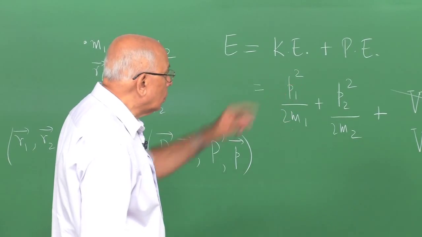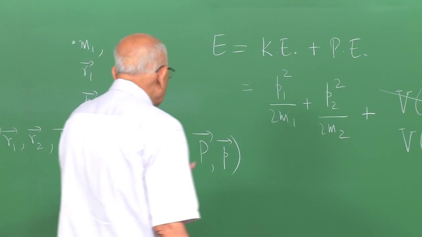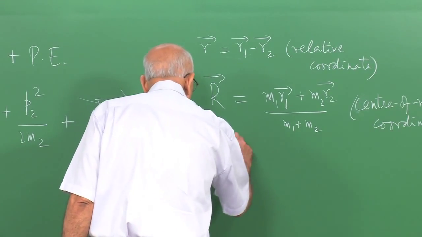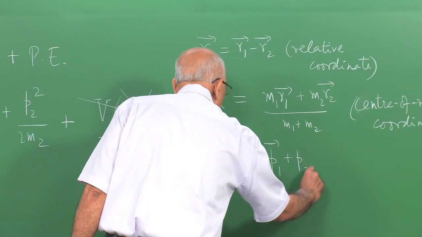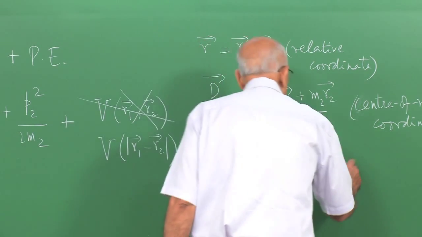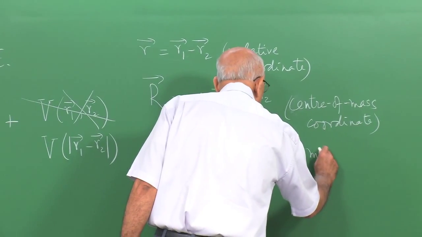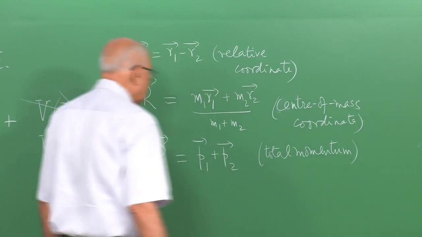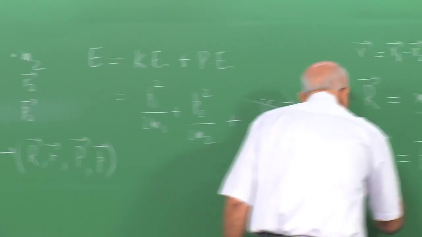Corresponding to those two coordinate vectors, there are two momentum vectors, and in this case it turns out, and I will justify why this should be so, the total momentum p1 plus p2, this is the total linear momentum vector, and little p is the relative momentum.